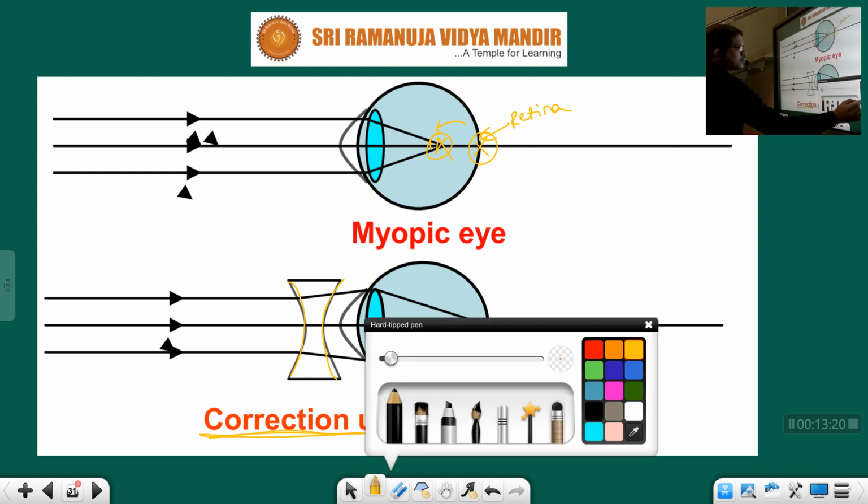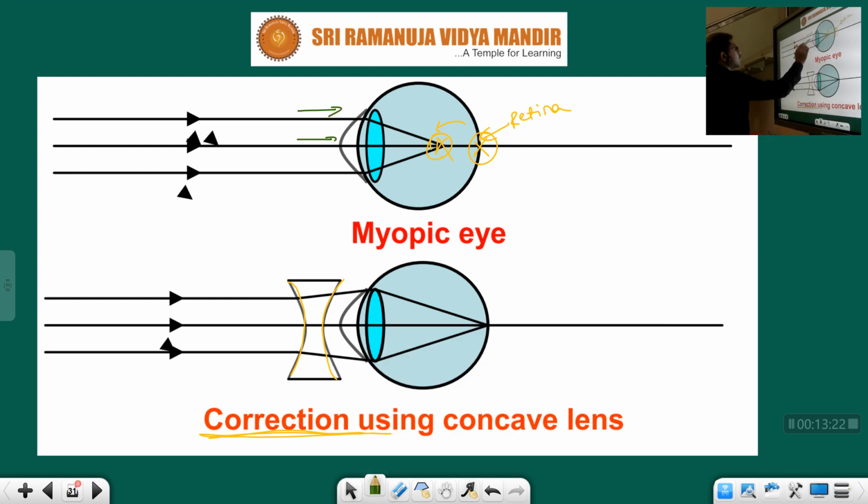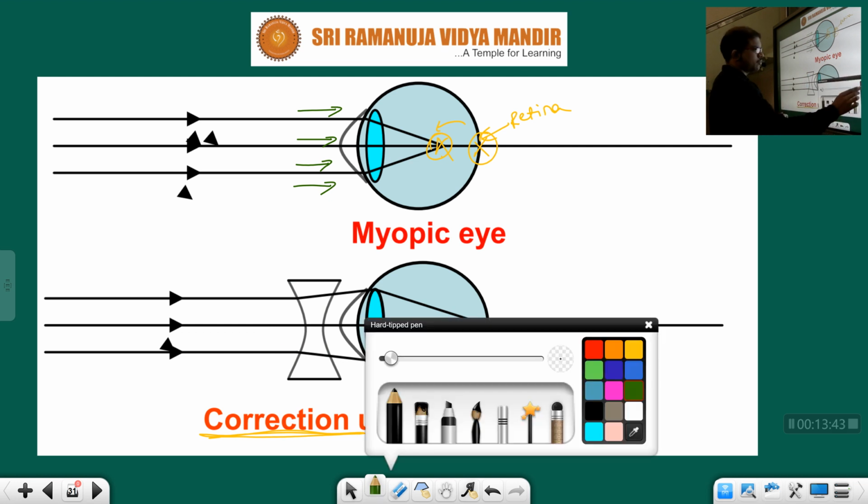Here the light rays were going parallel to each other in this first picture. There is no change in the light rays' path. But here, children, now see, before falling on the eyeball, in front of the eyeball, the light rays were moving in some specific direction.